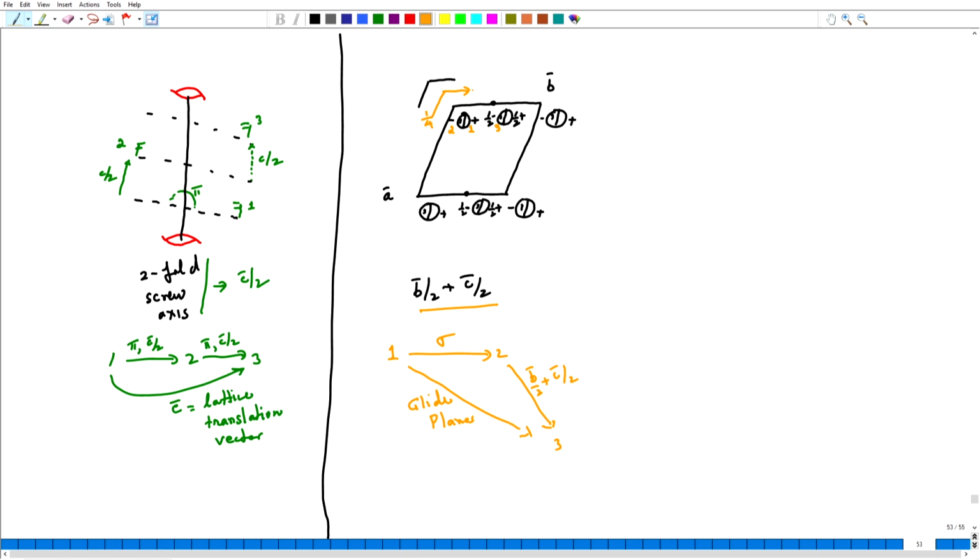This arrow that is drawn, so it is like a mirror, but then there is an arrow put. This arrow is indicating the direction of the glide translation, which is along the B direction, and exactly it is B by 2.